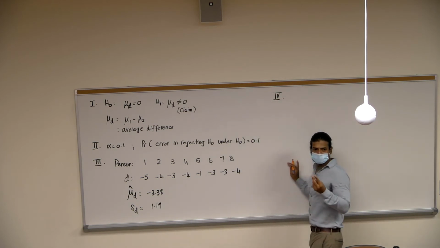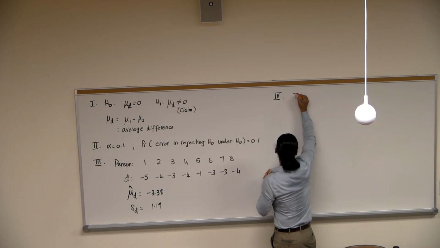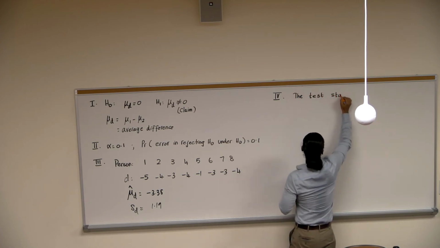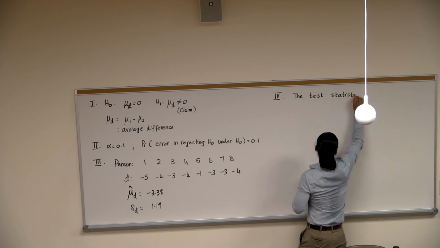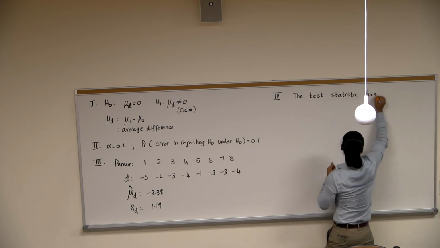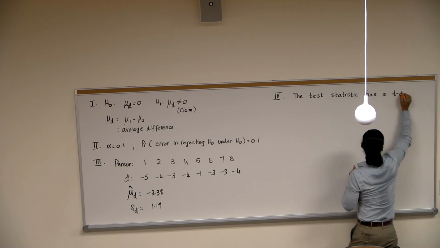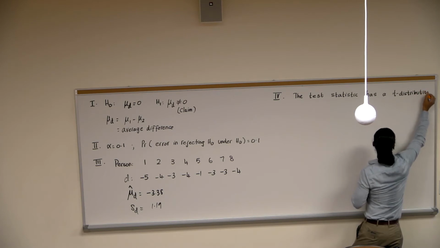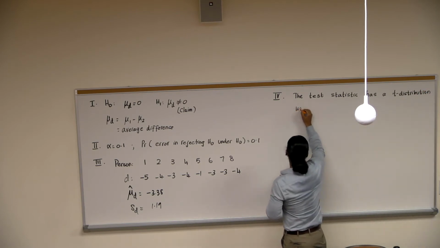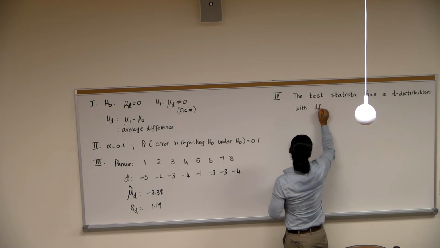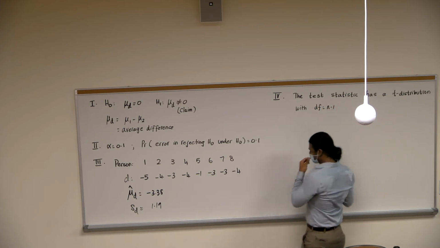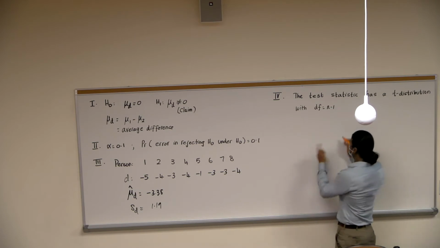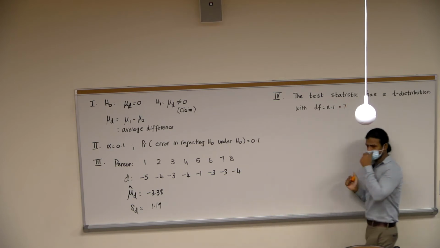Step 4, we have to find the test statistic. The test statistic has a t-distribution with degrees of freedom equals n minus 1. N here is 8. 8 minus 1 is 7.